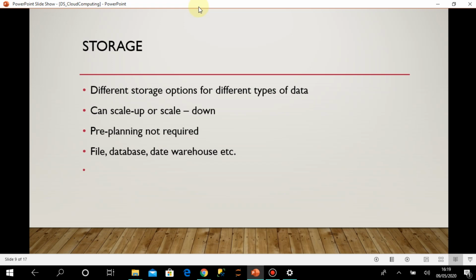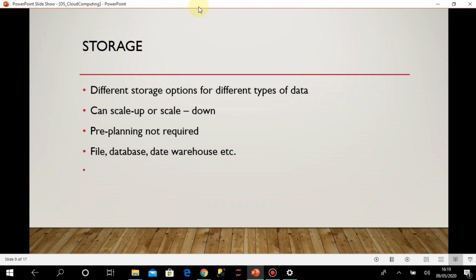Okay, then we don't need to do any pre-planning. You understand that, suppose now I am thinking that I need a database of size 1 GB, so I can just borrow that from the cloud provider. I can pay for that, and maybe after 1 month or 2 months, I say that I don't need this 1 GB of data.